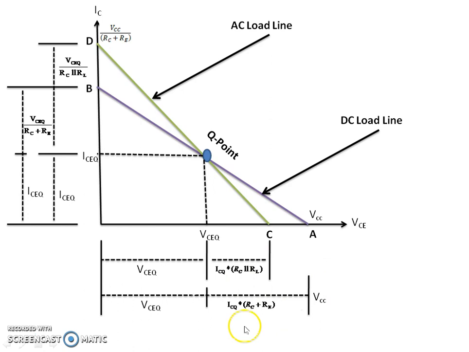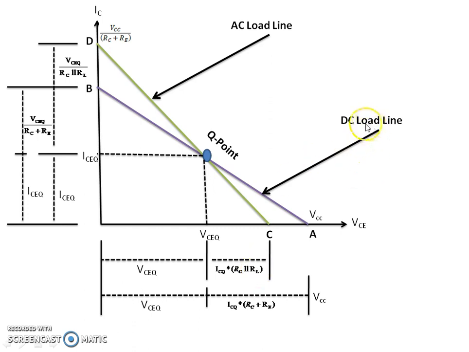This value is given by VCEQ plus ICQ times (RC plus RE). For AC, the cutoff point is VCEQ plus ICQ times (RC parallel RL).